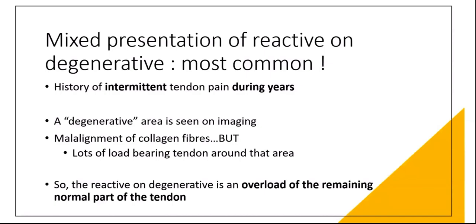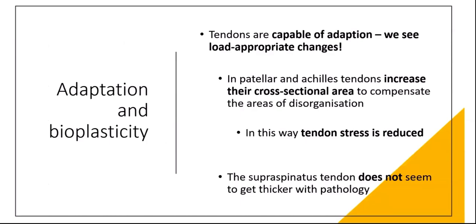So, this kind of situation where you have a combination of reactive phase and degenerative phase, in fact, is an overload of the remaining normal part of the tendon. And that's interesting to realize. And as we know, tendons are capable of adaptation.